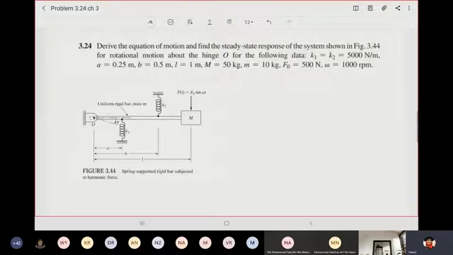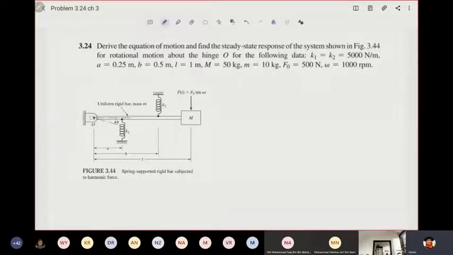What they ask you is the steady state response. Anybody want to tell me what it means by steady state response? What do you want to find, basically?